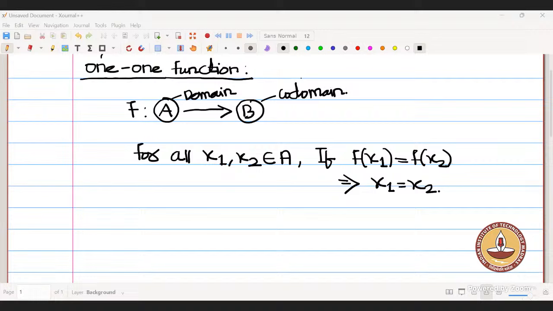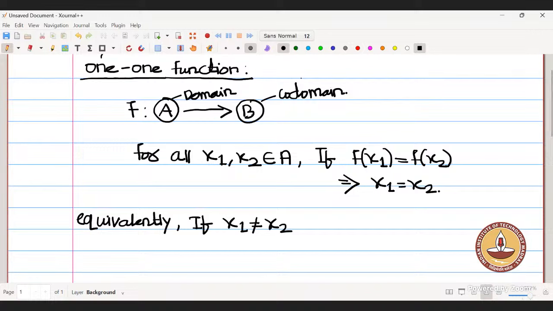Equivalently, what I can say is: sir, can we say that if x1 is equal to x2, then f of x1 is equal to f of x2? That is true for every function. Then what is special about one-one function? Equivalently, if x1 is not equal to x2, then this should imply that f of x1 is not equal to f of x2.